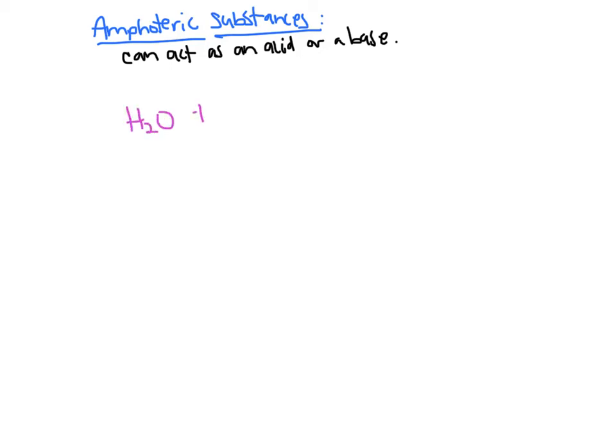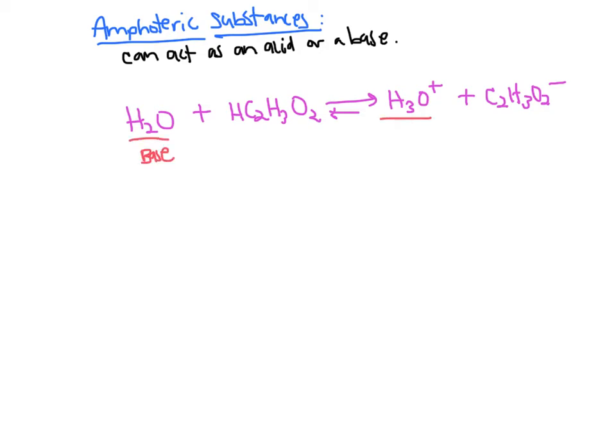So if I put water with a weak acid like acetic acid, it actually will act like the base and take a hydrogen from the acetic acid and leave behind an acetate ion. So it acts in this case as a base by accepting a hydrogen ion.